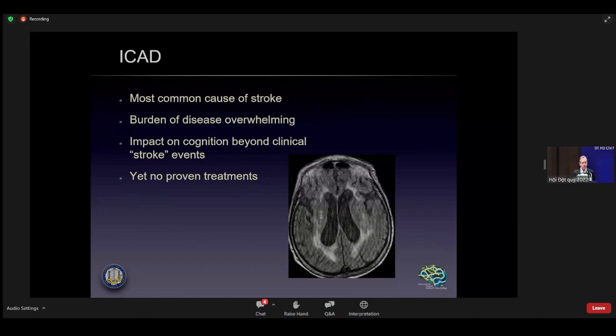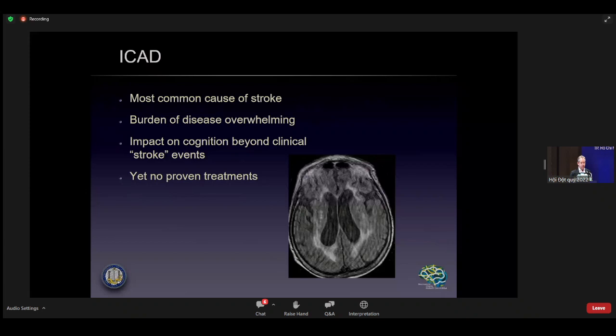And there's an underdiagnosis of intracranial atherosclerotic disease. But even more so because the way we ascertain or measure the occurrence of ICAD has traditionally been when people complain of symptoms, when they have a stroke event. And at least in the United States, there's a difference between one person and the next in terms of when you complain of symptoms.